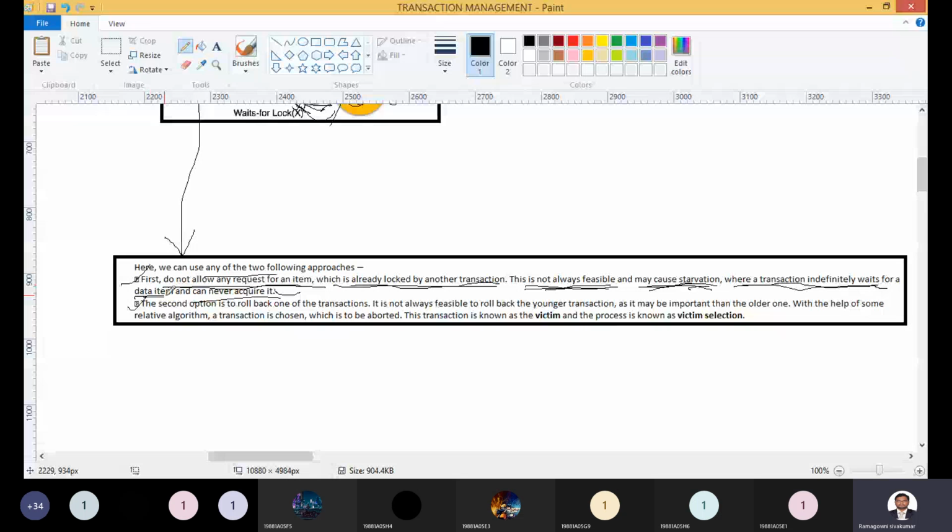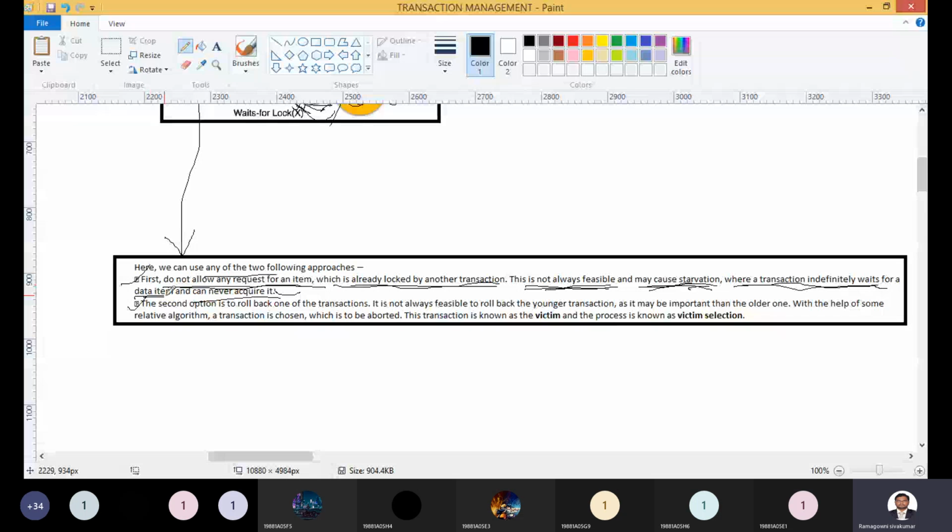The second option is to roll back the transaction. It is not always feasible to roll back the transaction. It is not feasible to roll back the younger transaction, as it may be more important than the older transaction.